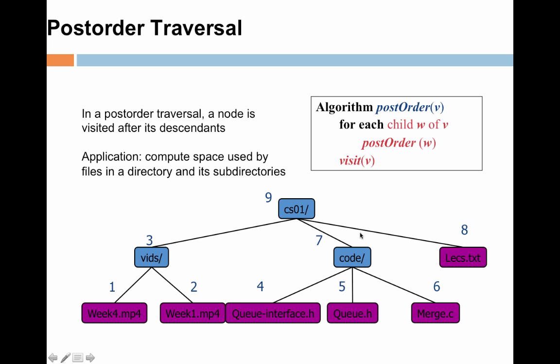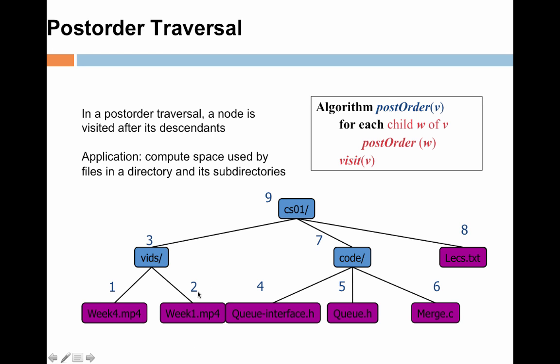Let us look at the order in which a post-order traversal visits. Start at the root. You will mark the root as visited only after all the children are visited. Therefore, the first node that gets marked as visited is the node that does not have any further children or descendants. That would be this file. It's marked as the first node visited.